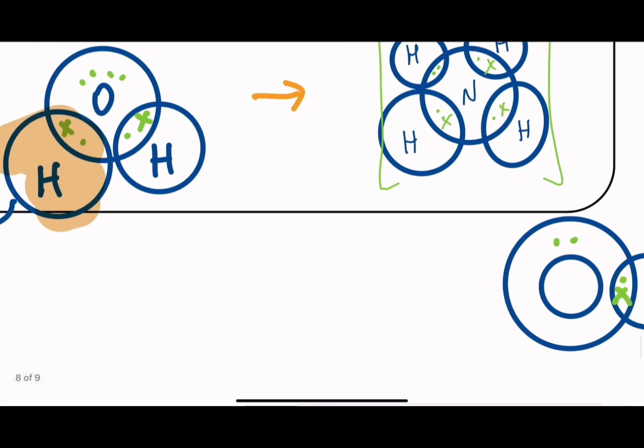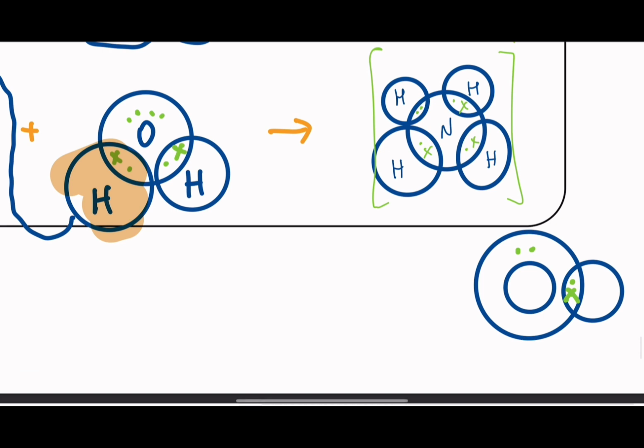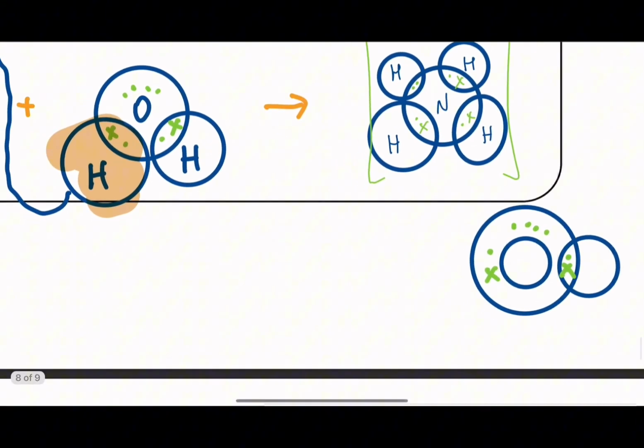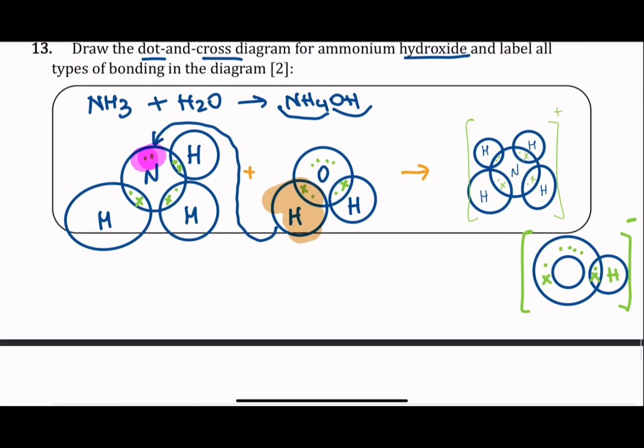I'm just drawing the picture that we had there, and this 1 and 2, the hydrogen's electron, left out here. In this case, we have the structure left where this is the negative, and this is the positive in here. Okay, ammonium hydroxide.